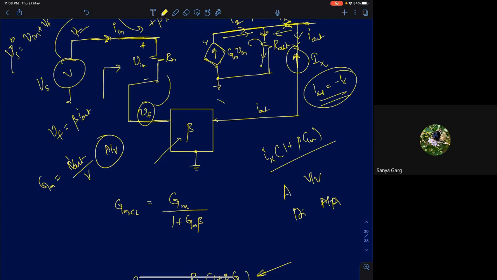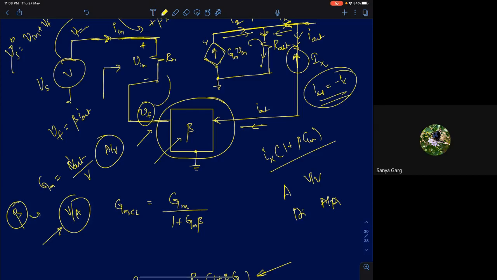Now, can you tell me what will be the dimension of the feedback network? Look at the feedback network. Input is current, output is voltage. So what is the dimension of the feedback network? Volt per ampere or resistance, right? So beta will be in ohms, or volt per ampere. So in a transconductance amplifier, if the forward path gain is ampere per volt, then the feedback network will be the inverse of it, volt per ampere.